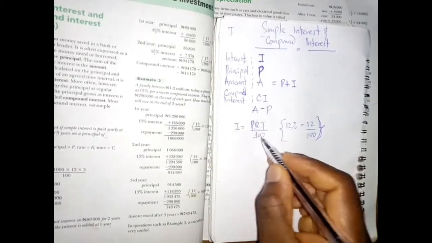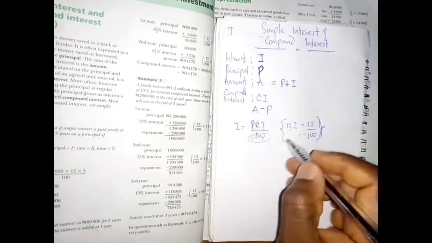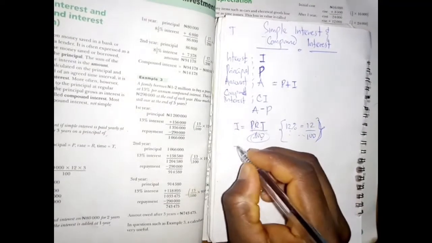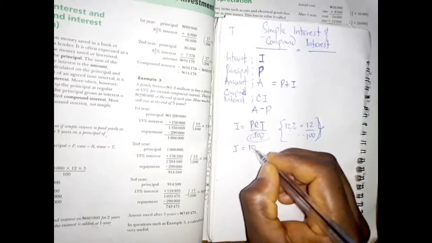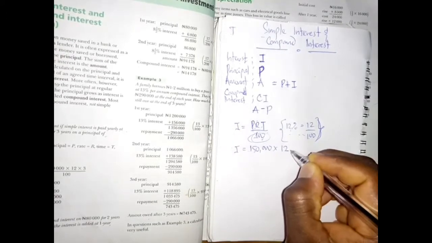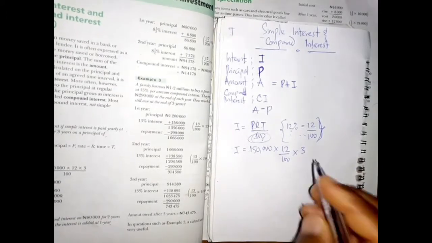The 100 we are seeing here is because of the percentage. Then the time, T, we have as 3 years here. So I is equal to P, which is 150,000, times your rate 12 over 100 times your time.